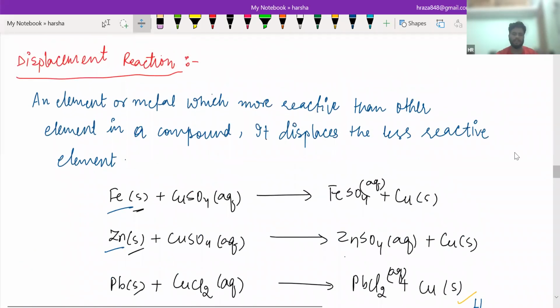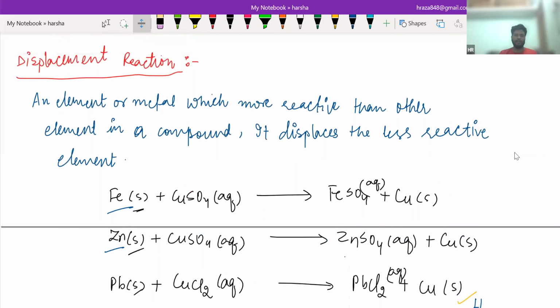Now see displacement reaction. Displacement reaction is basically when a more reactive element displaces a less reactive element. In class 9th NCERT, in the chapter metals and non-metals, you have studied the reactivity series. Down the group, the reactivity decreases.